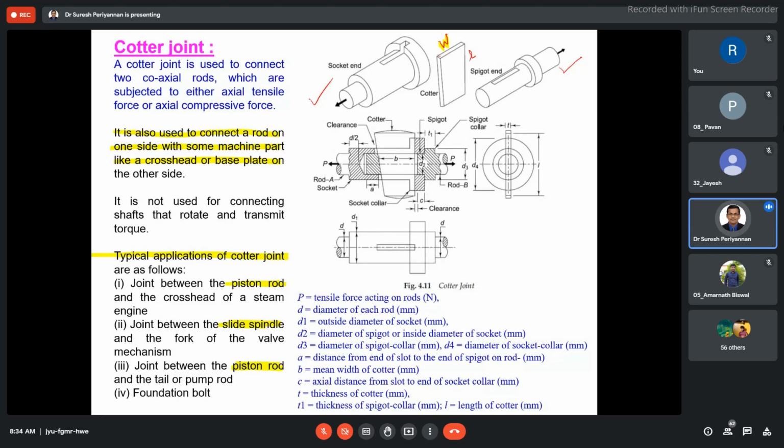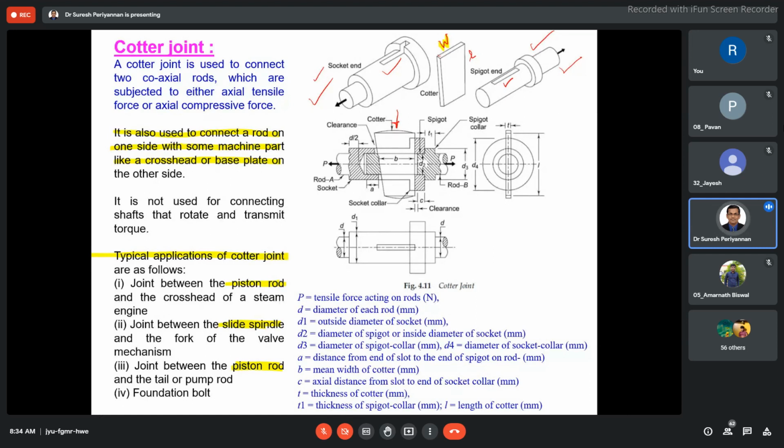While inserting the cotter through the slot, first we have to insert the spigot into the socket end. When inserting, the spigot slot and socket slot must be in the same orientation, so it acts as a common slot. Once this orientation is matched properly, we insert the cotter into this slot.